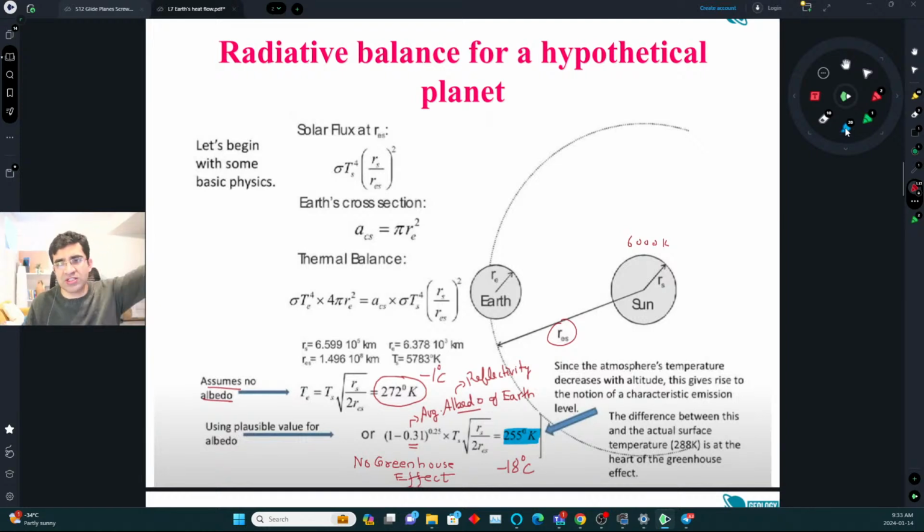Most of the energy that falls on water is absorbed. So this minus 18 degrees Celsius, 255 Kelvin, is an important figure that you should remember.